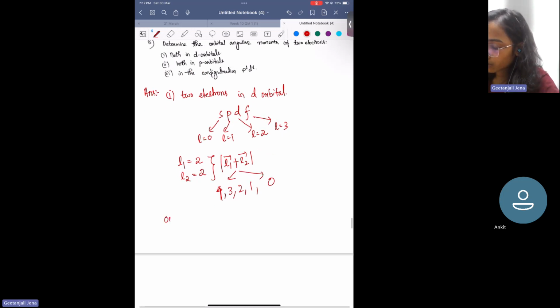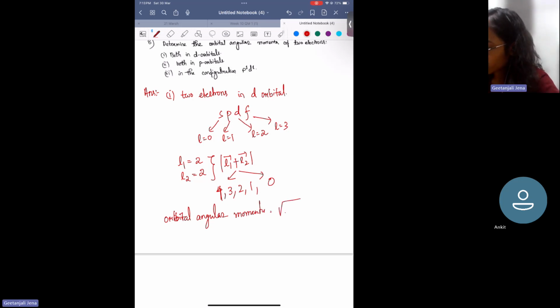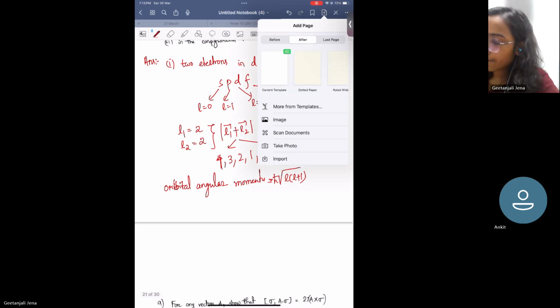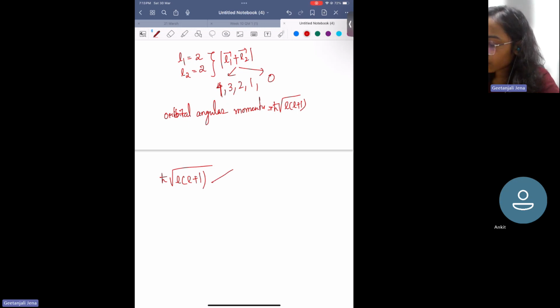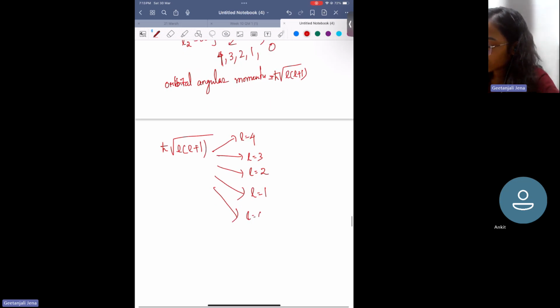Now to find out the orbital angular momentum, it is nothing but root over of L into L plus 1 times h cut. So for different values of L, we have L equal to 4, 3, 2, 1, and 0.